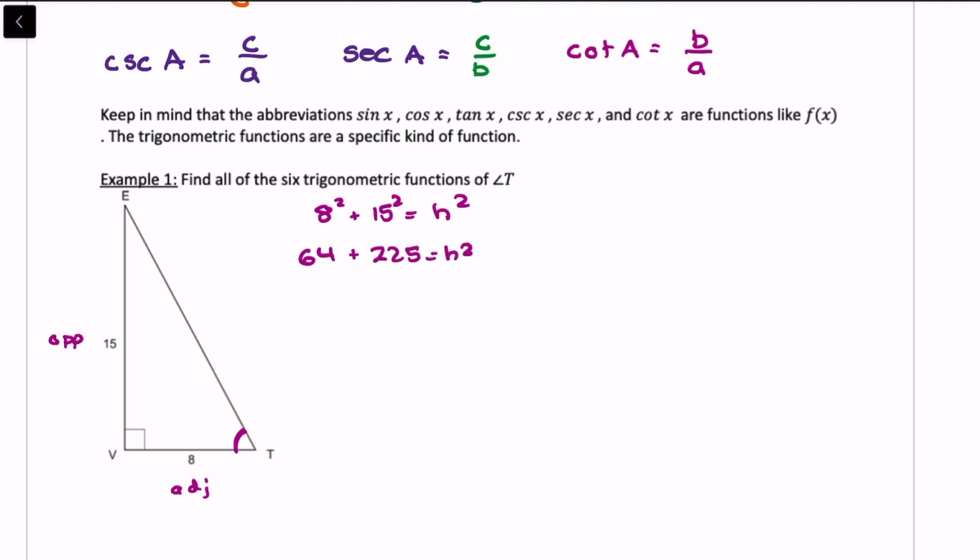And if we add those together, we get 289 equals h squared. And the square root of 289 is 17.